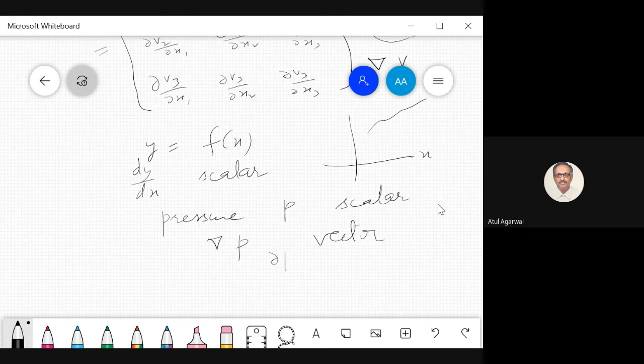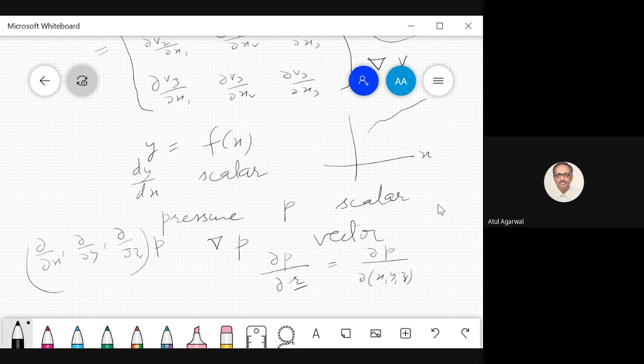So what has happened? You are finding its derivative. So what you are finding? Del by del x, del by del y, del by del z. So you have found its derivative with respect to a vector r. What is a vector r? R is nothing but x, y, z coordinate. This is the position vector of the point x, y, z. So when you take derivative of a scalar with a vector, what do you get?